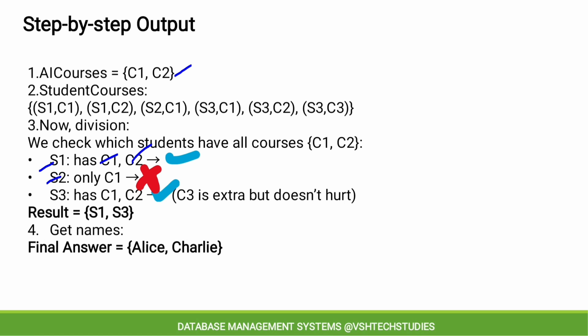S2 has enrolled to only one course, hence he is not in the list. S3 has enrolled to 3 courses, extra is okay; anyway, that student has enrolled to both the courses offered by the AI department. Hence the result we have got is that S1 and S3 are the students who have enrolled to all the courses offered by the AI department, that is, Alice and Charlie. Okay, so that completes the solution.